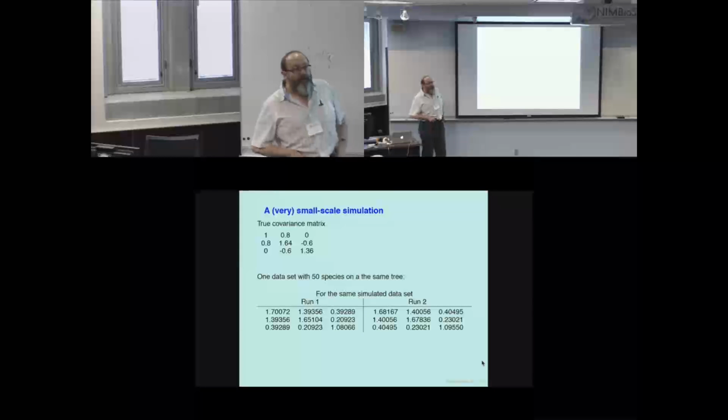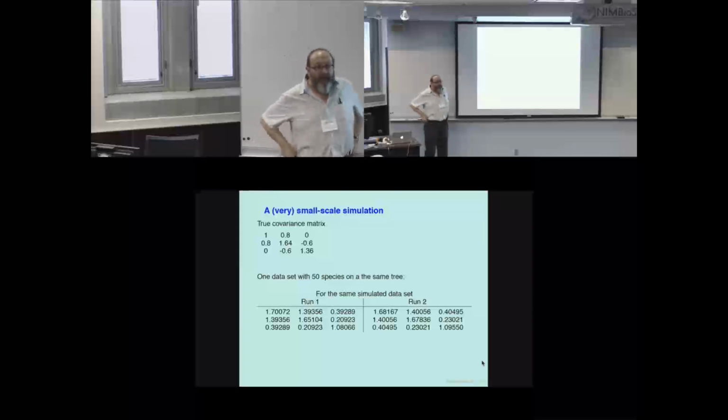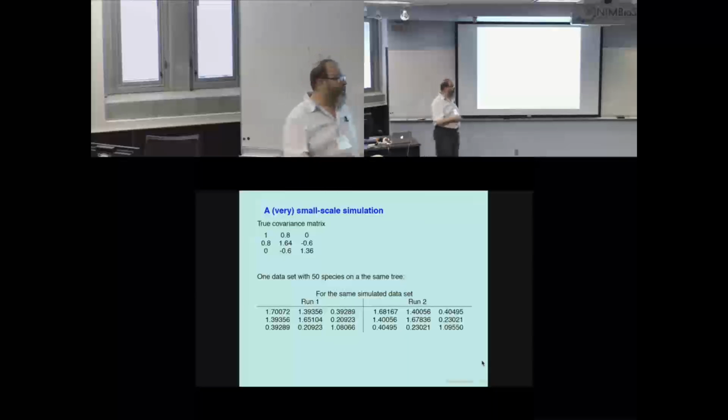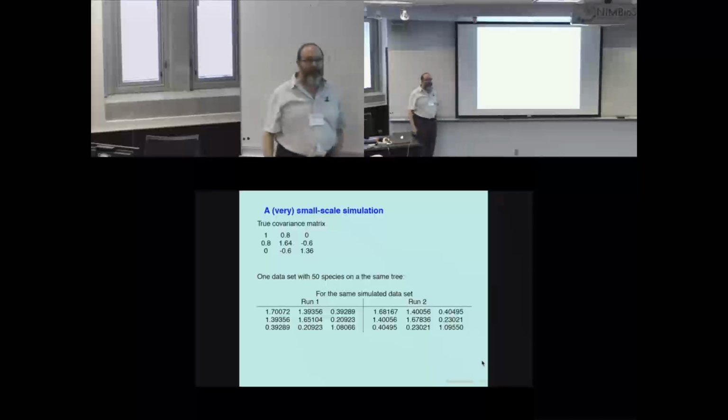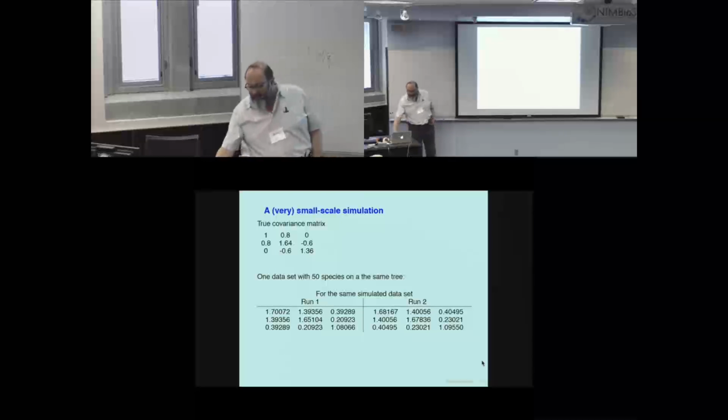So the 1.7 is not just noise from the random sampling in the MCMC. It's the result of the randomness of the character evolution. And if you go through these, you'll see they're pretty close. They're good enough. This is from something like a 1-hour run with 100,000 steps or maybe 1 million steps. I can't really recall.